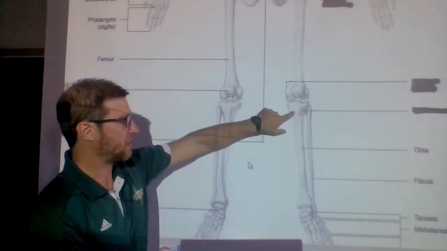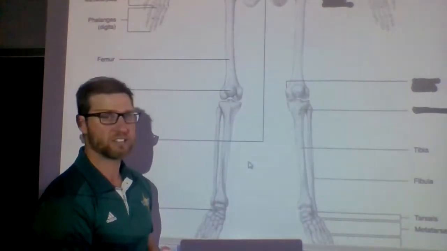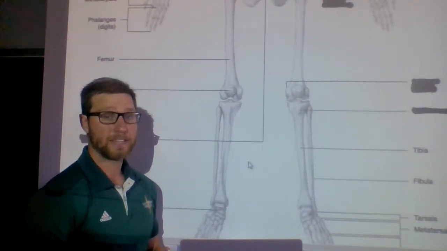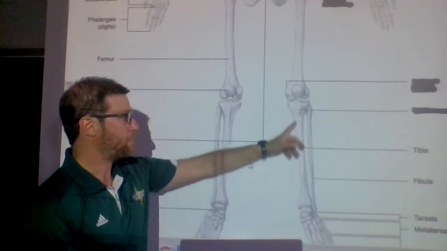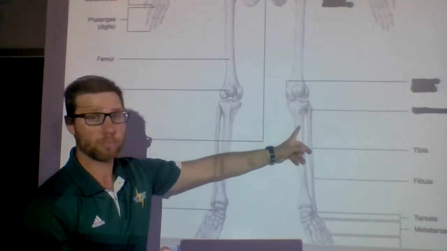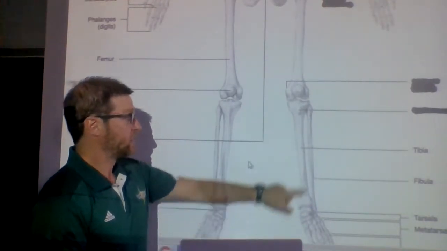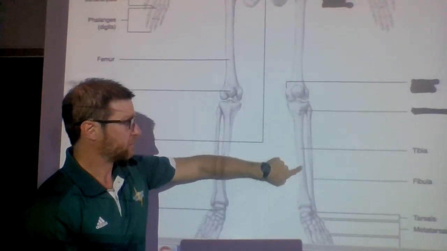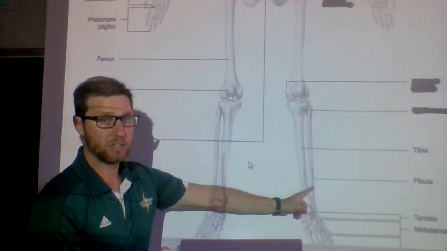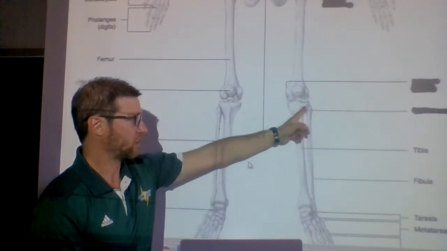It is a very long, narrow bone, but it is the stronger of the 2 bones in your lower leg. The tibia is that more medial long bone in your lower leg. So the tibia is more medial. The fibula is more lateral.